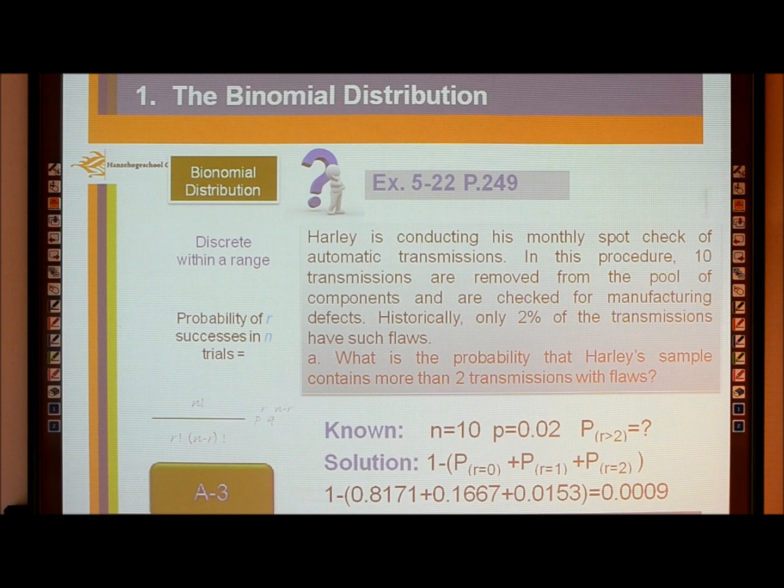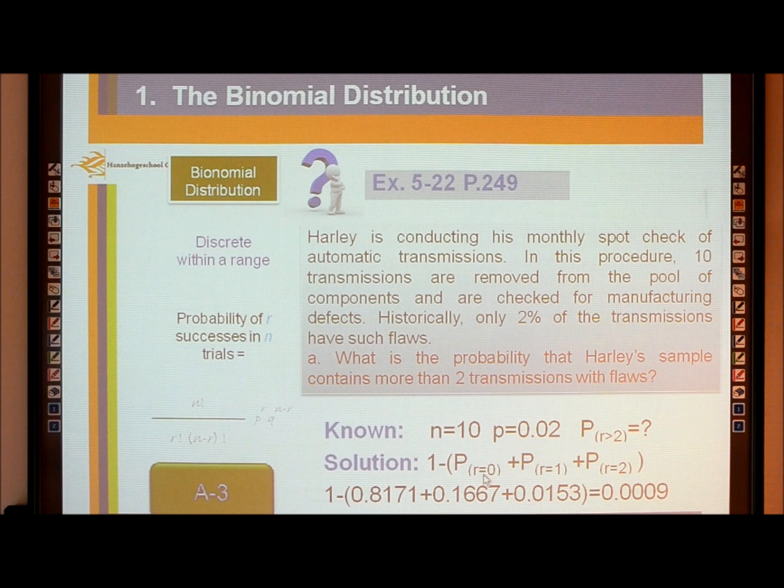So for the probability that we have more than 2, you need to add up the probabilities for 0, 1, and 2, and then take 1 minus that. Then you get the probability of more than 2. The final answer is 0.009.